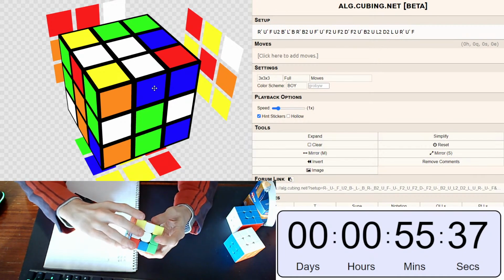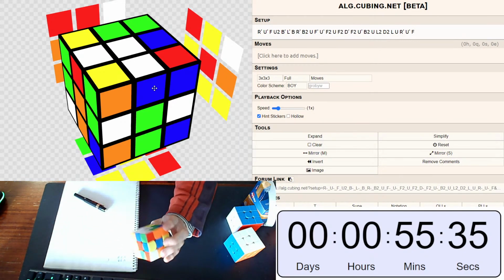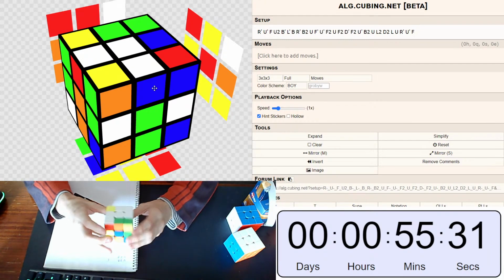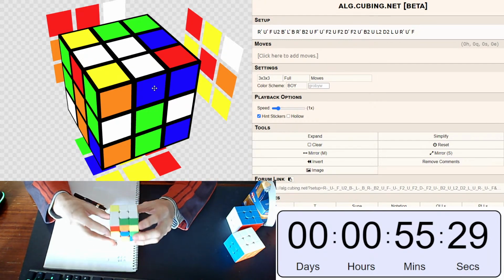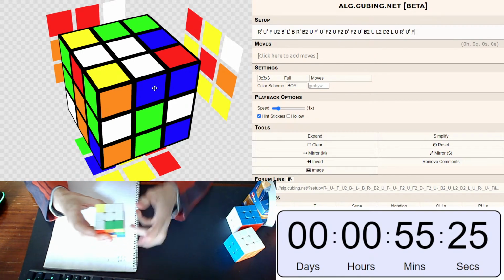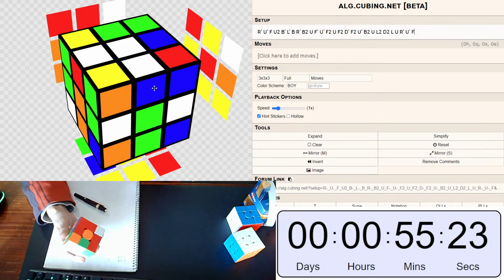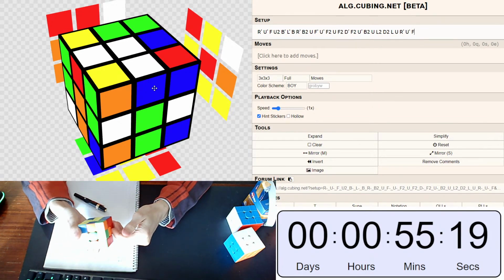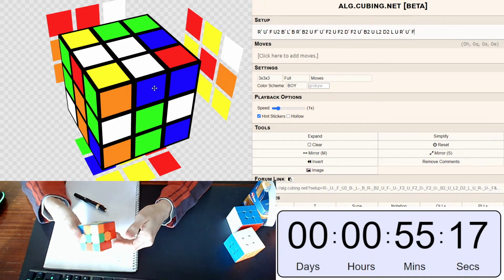U' D B' L' here gives me 2 edges, 3 corners, which is not so good. Because then I either need to misorient one of the corners or something else.